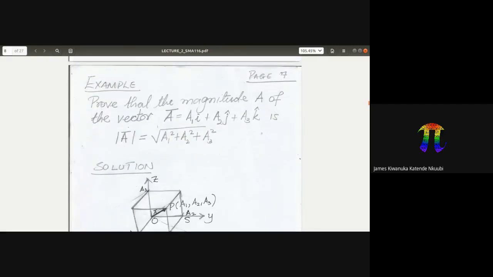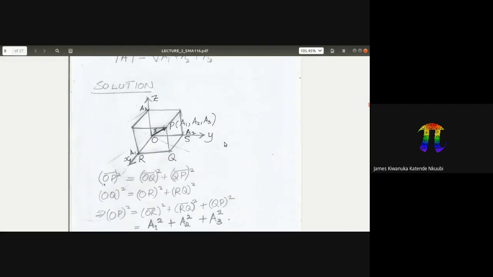So we look at another example. We need to show that the magnitude of this vector written in this form is given as: the magnitude of A is equal to the square root of A1 squared plus A2 squared plus A3 squared. So let's draw the vector first. If the vector is this OP with coordinates A1, A2, and A3, so we have this point P as the terminal point of the vector A, and it has coordinates A1, A2, and A3.